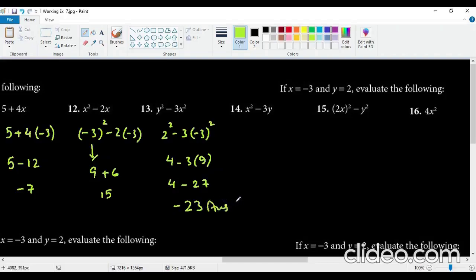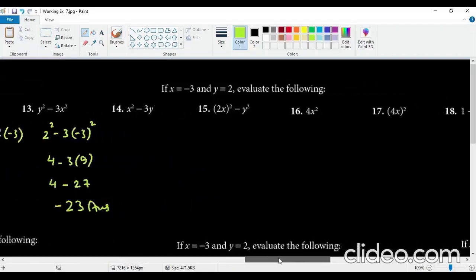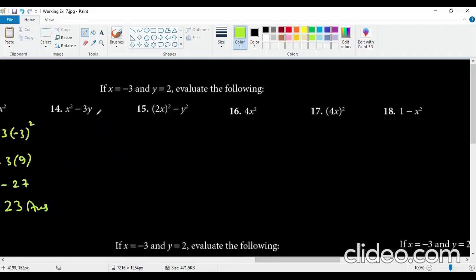Now comes question number 14. x² means (-3)², minus 3y, where the y value is 2. That means 9 minus 6, which is going to give you a positive 3. Now in here, the value of 2x is multiplied by itself.